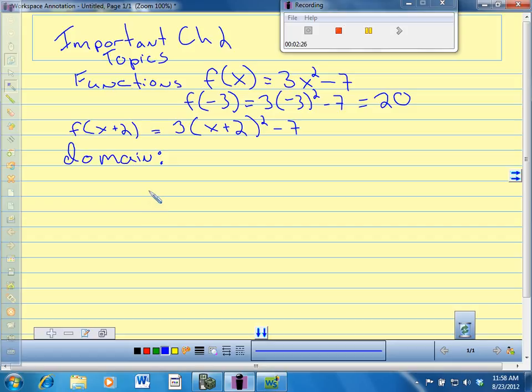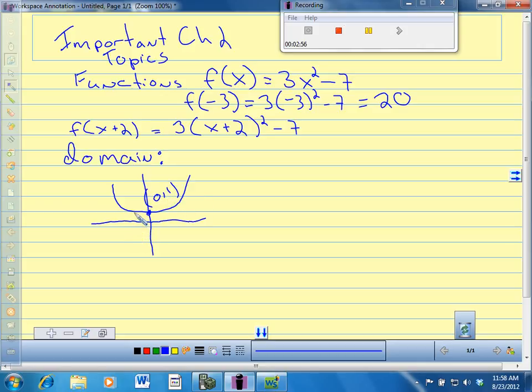So if I have a parabola that looks like this, and say this point right here is (0, 1), what's the domain of that function?